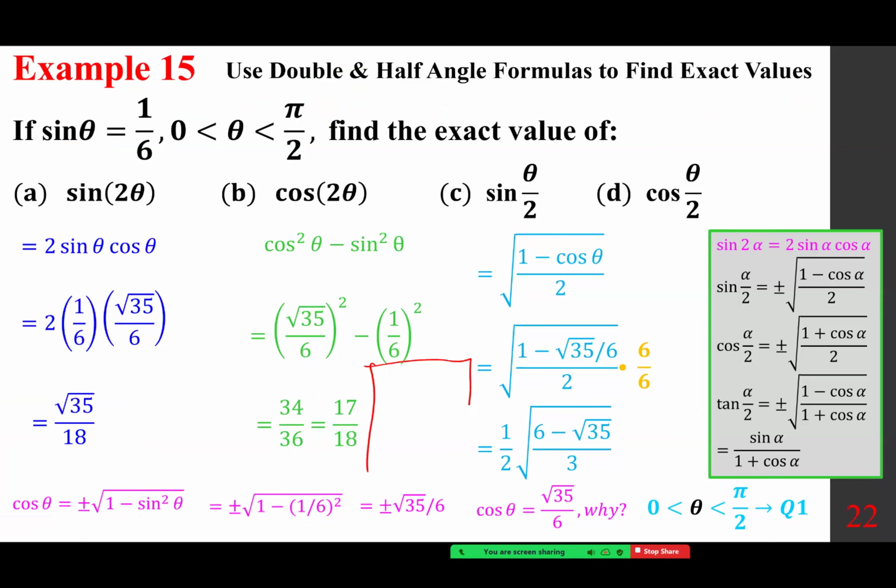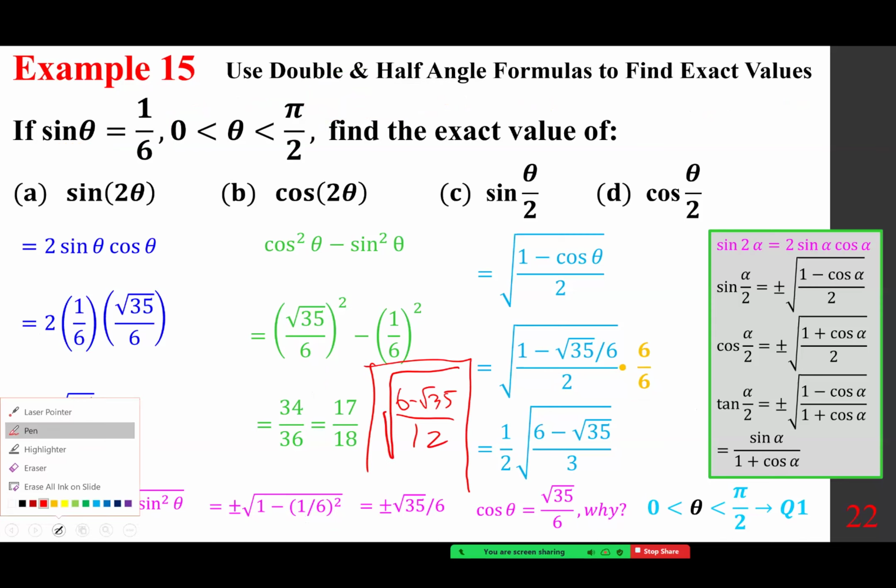So what we have here is square root of 6 minus square root of 35 over 12 under the radical, everybody. So this remains, 12 is 3 times 4, the 4 comes out, becomes 2. That's what we have, okay?